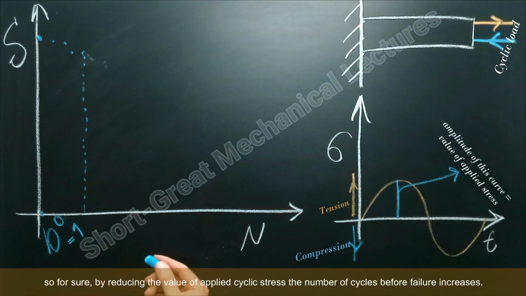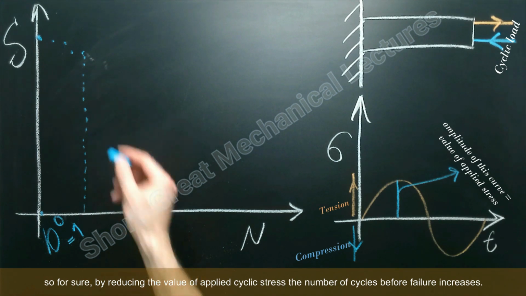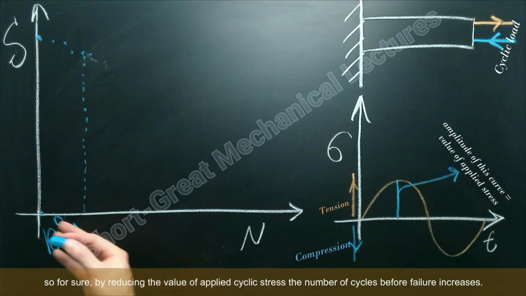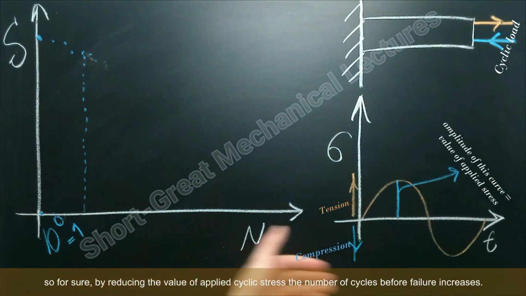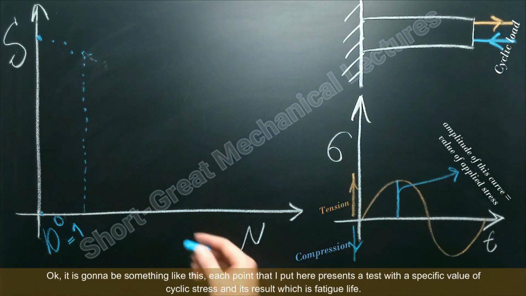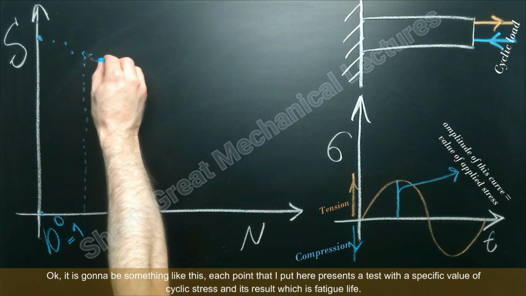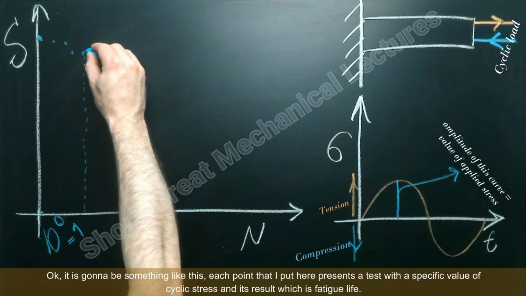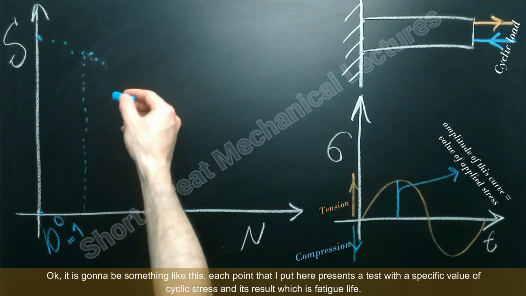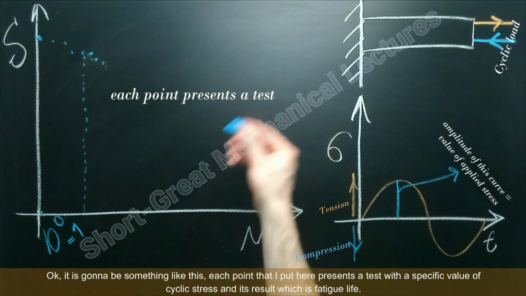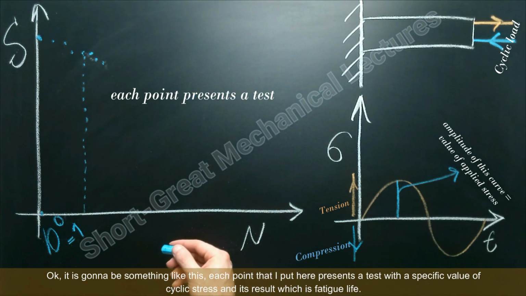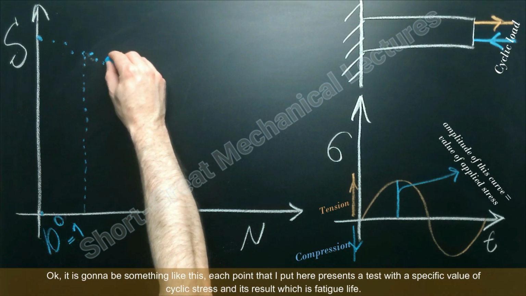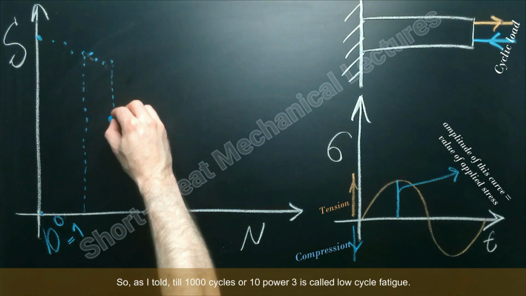So, for sure, by reducing the value of applied cyclic stress, the number of cycles before failure increases. It's going to be something like this. Each point that I put here presents a test with a specific value of cyclic stress and its result, which is fatigue life.